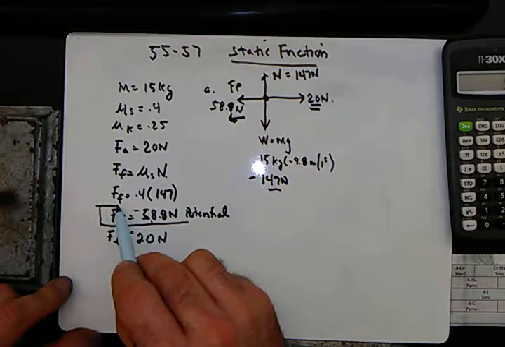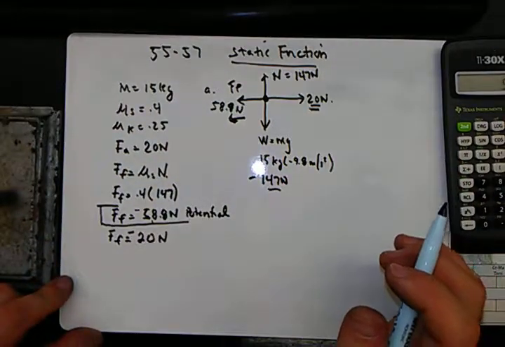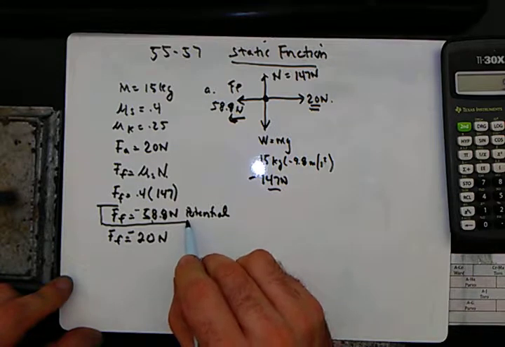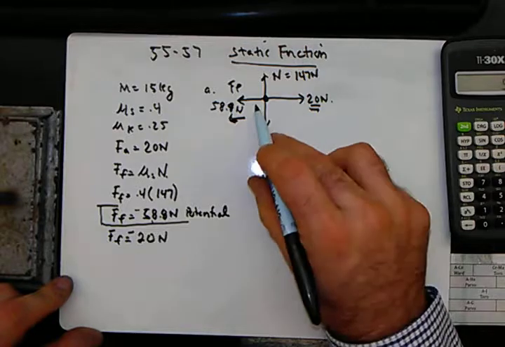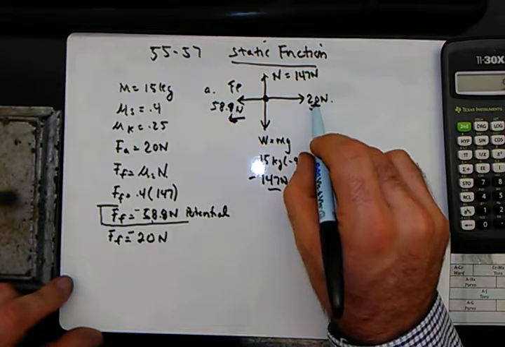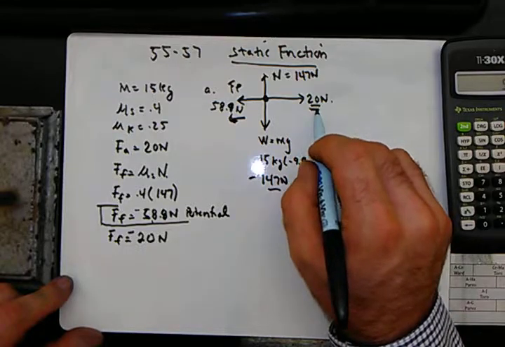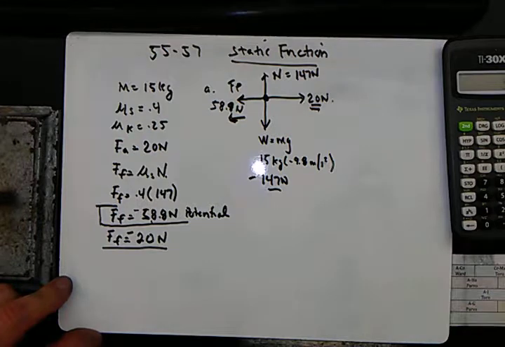Force of friction can never cause the object to move. It can only go against the applied force. So if we're pulling on it with 20, we know it can pull back with up to 58.8. We have to crank that up to at least 58.9 to get it to start to accelerate. So the force of friction in this case will be negative 20.